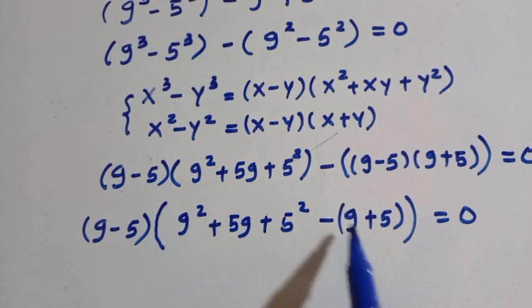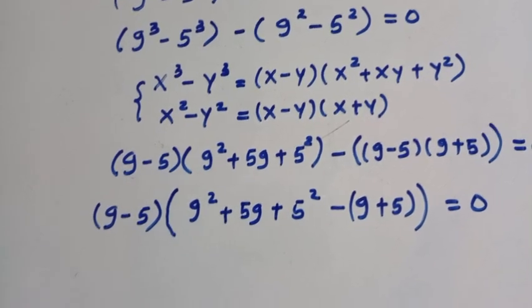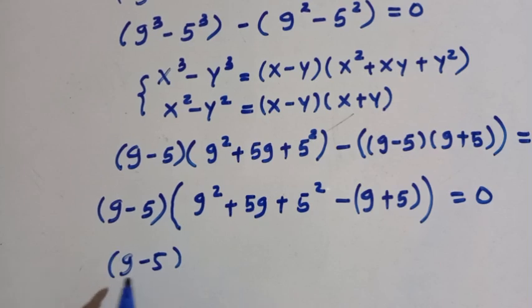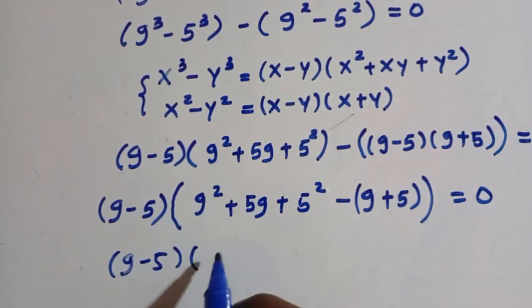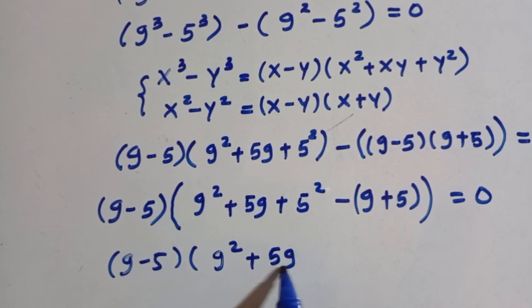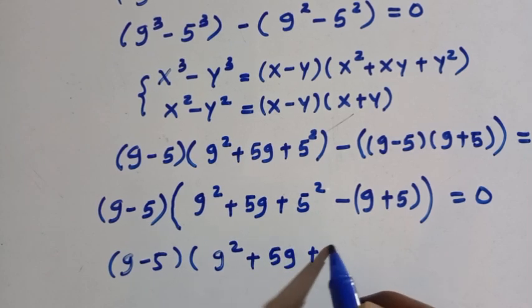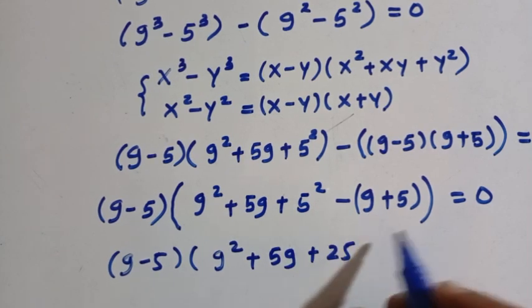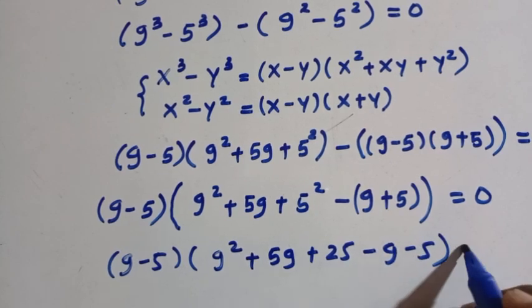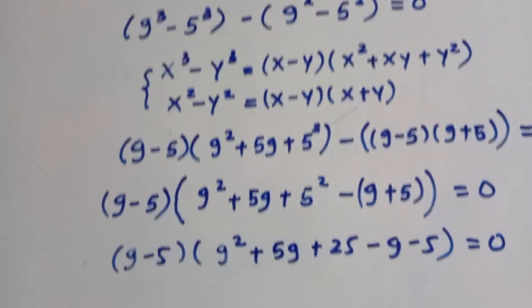So I have to create another bracket because of this negative. And then here is g minus 5 bracket g squared plus 5g plus, so 5 squared is 25, and when we open this bracket with negative, we have minus g minus 5 equals 0.